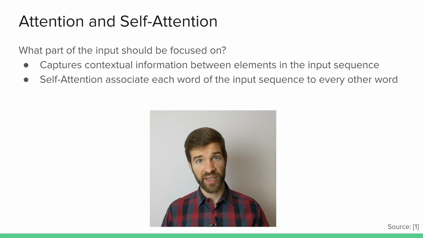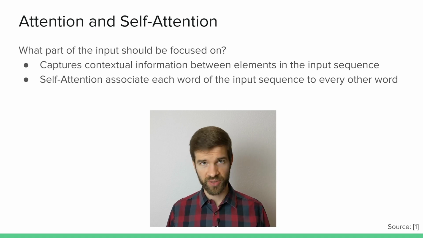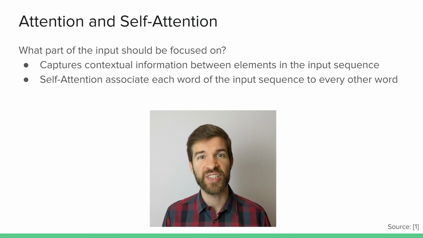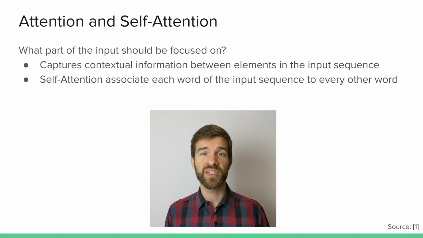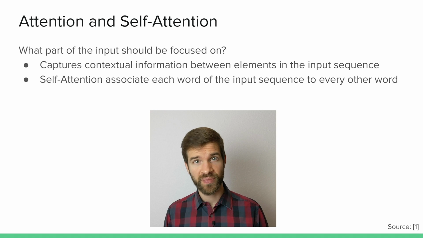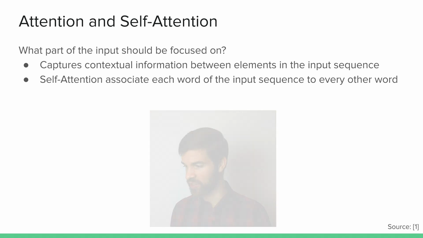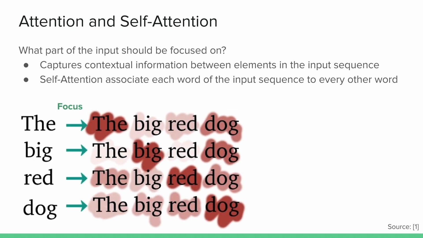With self-attention, the word we're adding here is self, we're actually associating each word of our input sequence with itself. That's why it's called self-attention. So how this works is that we have a sentence, for example, the big red dog, and then we're trying to figure out how each word of our input relates to all other words of our input sequence.